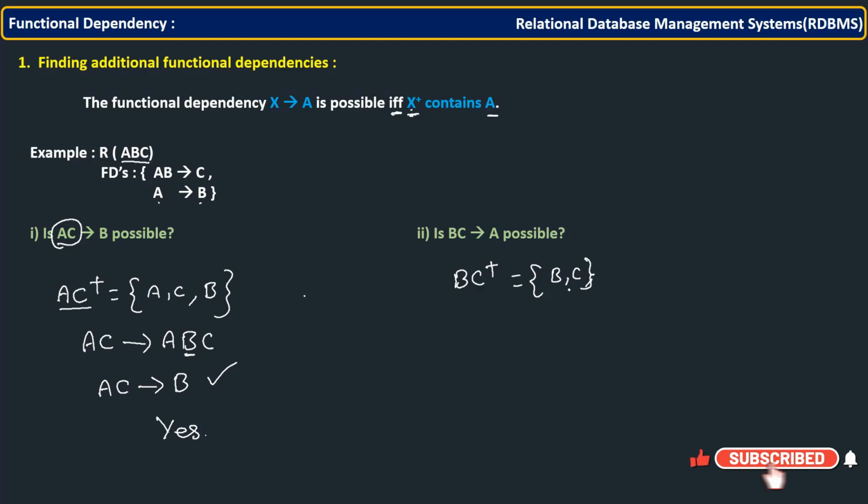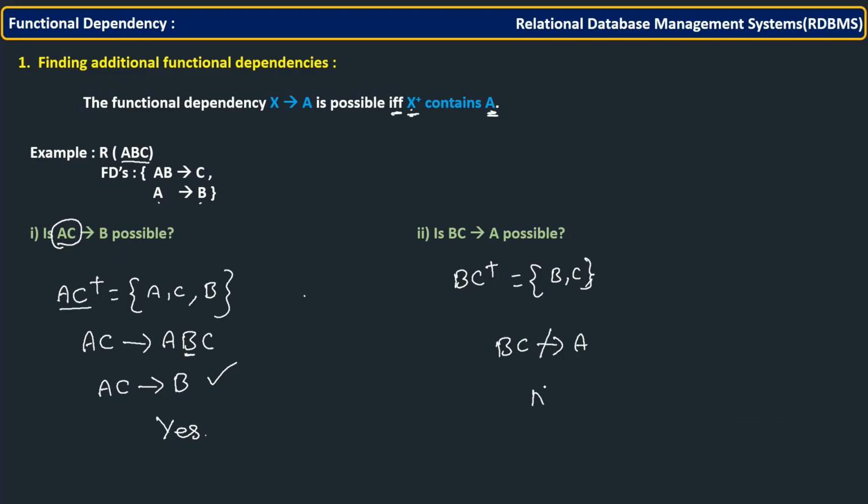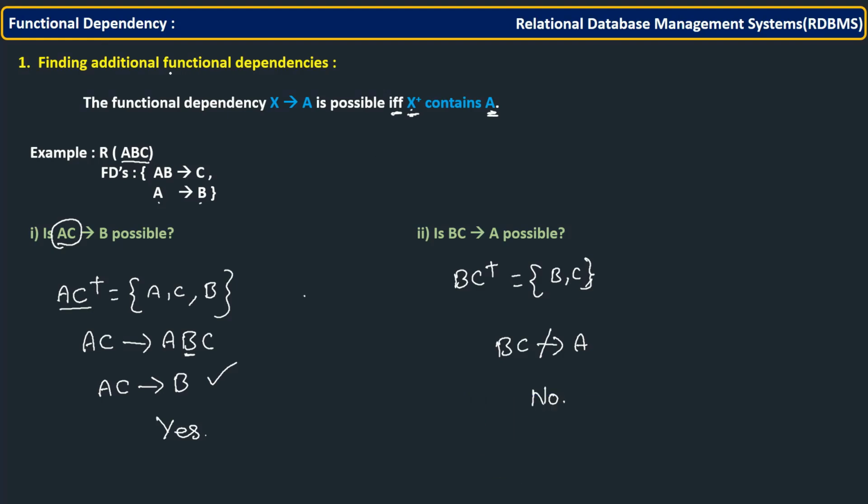Now from this, since BC deriving A, do you have A in the set? No. That is why this is invalid. It is not a valid FD. So is BC deriving A possible? No, it is not possible. Simple. So that is how additional FDs can be found very easily by using this closure property.